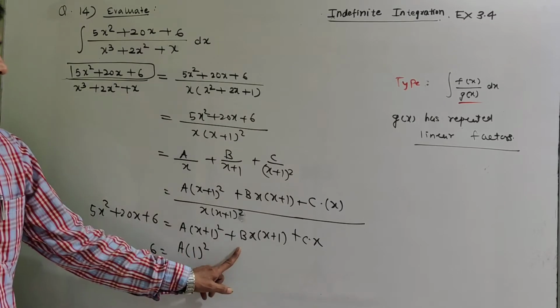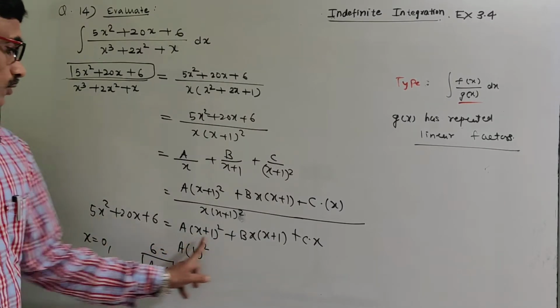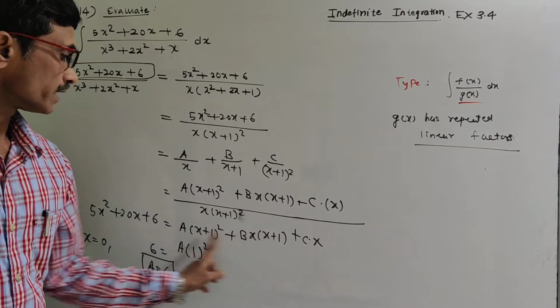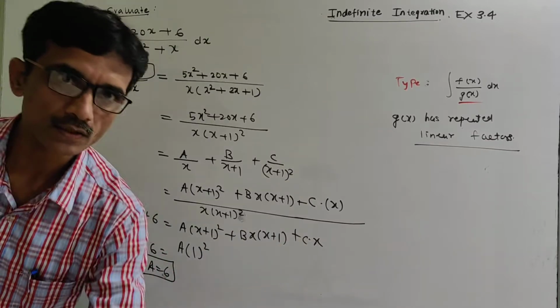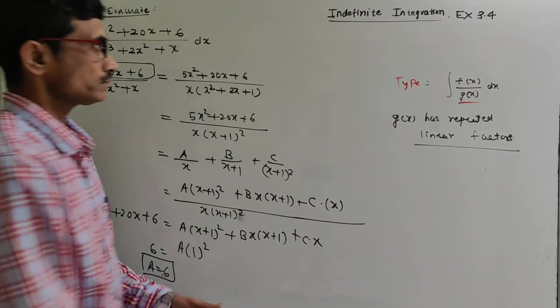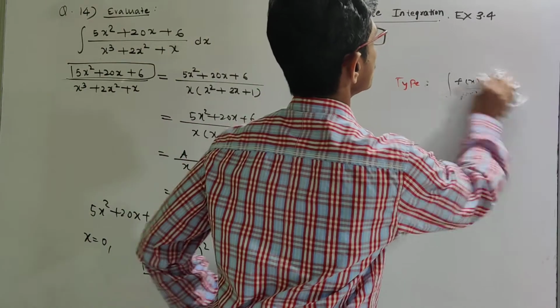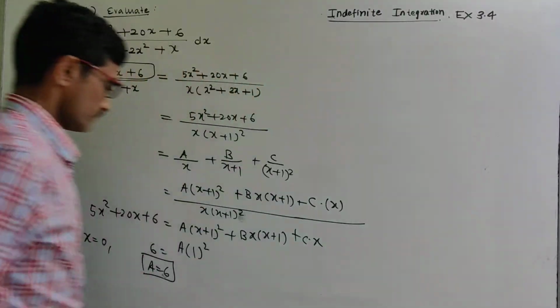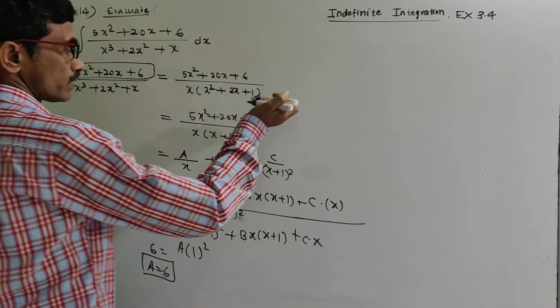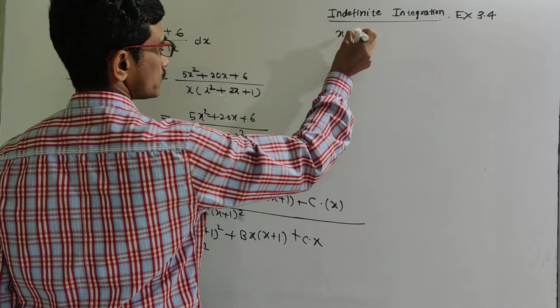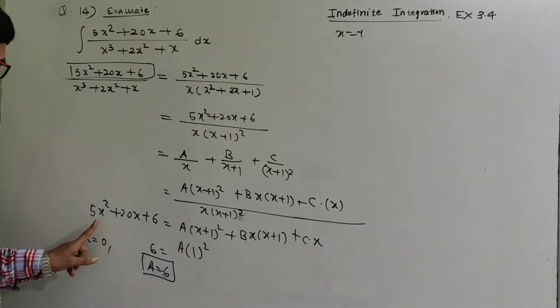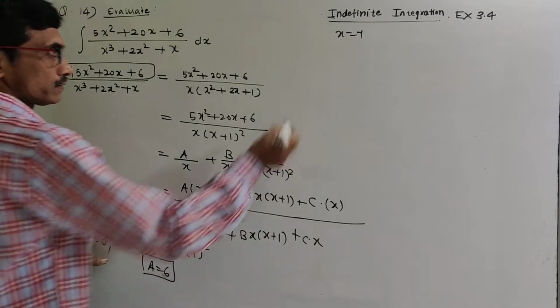Then to get C, here we put x is equal to minus 1. Minus 1 square, that is 5.